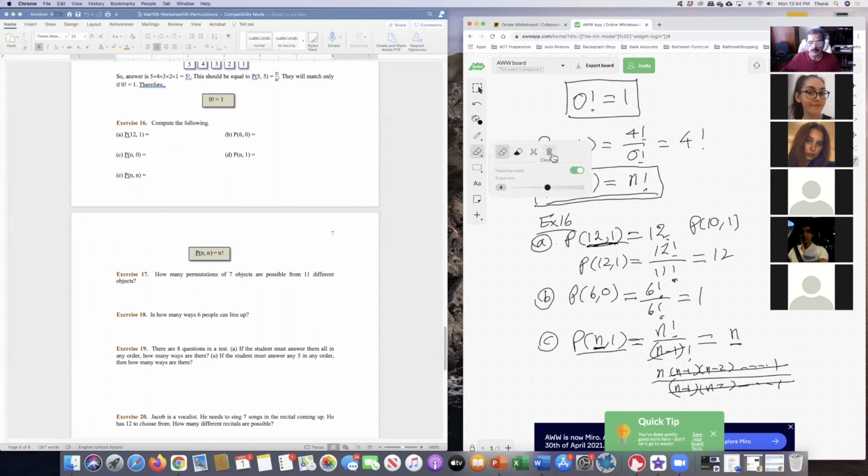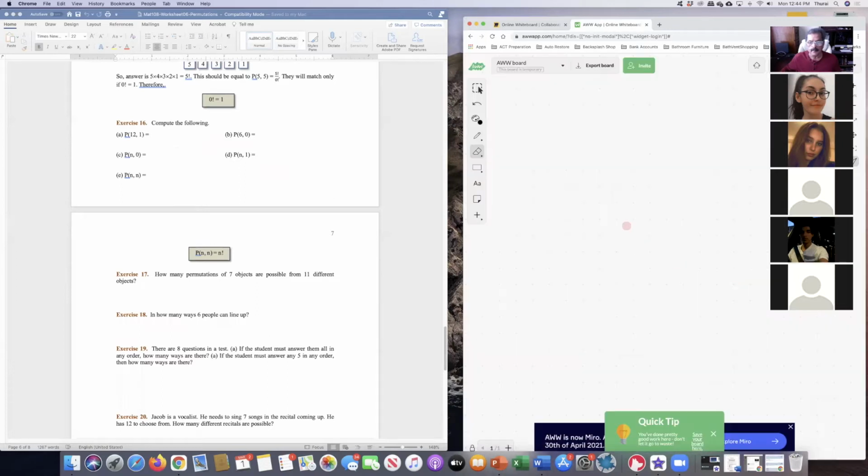Let's clear the board. Okay, so exercise 17 says how many permutations of 7 objects are possible from 11 objects? That'll be the same as P11,7, which is equal to factorial 11 over factorial 4, 11 minus 7.